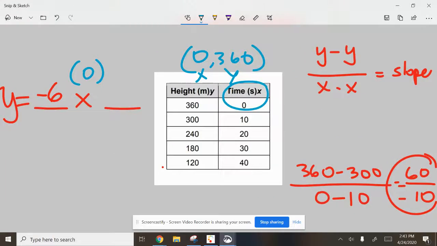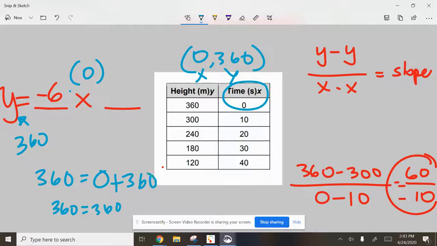Right here, where the y is. So 360 equals negative 6 times 0. Does 360 equal 0? How do I make 360 equal 360? Would I just go ahead and add 360? I would. And that's the way I would handle this.